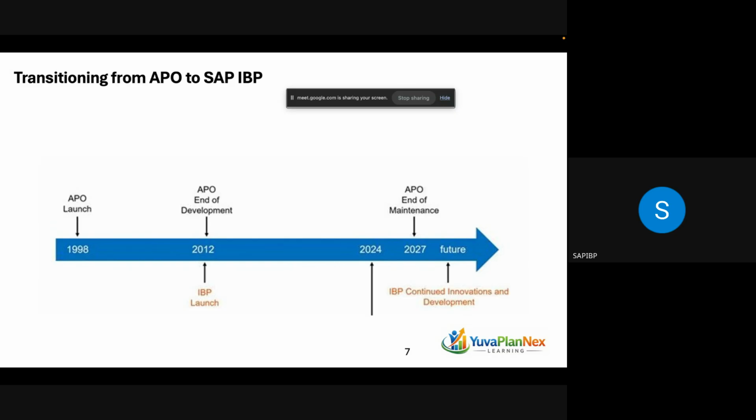There is no other option after 2027. Whatever the development and enhancements in the area of SAP supply chain will be done in IBP only. So APO is a sunset product in the market. The future for supply chain from SAP is SAP IBP only.